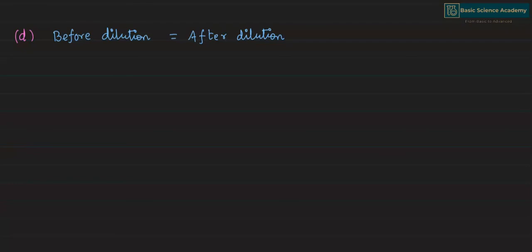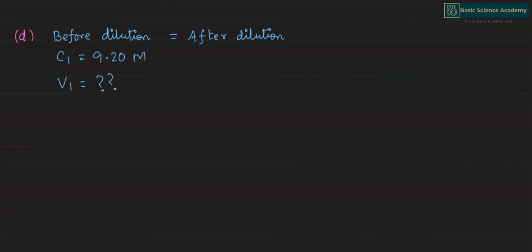So before dilution, we have concentration C1 equal to 9.20 M, because before dilution is the concentrated HClO4 solution, and V1 is what we have to find out. This is what we have to calculate.